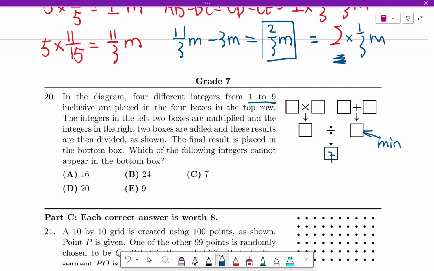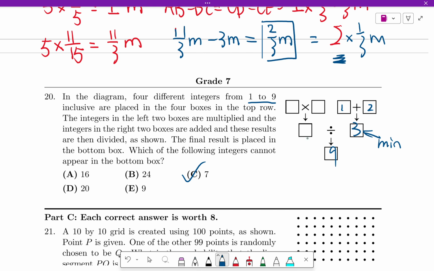Since the numbers are distinct, the minimum would be 3, because it's 1 plus 2. So if we have 1 and 2 placed here, we would have 21 in this box, and we can satisfy this 21 with 3 and 7. So 7 does work.